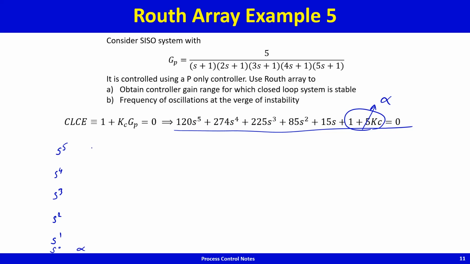So as usual, this is going to be 8, 15 and 1. This guy is going to be 274, 85 and alpha. This guy is going to be 12.52 as we got before, and what is this guy going to be? 1 minus 8 by 274 alpha.